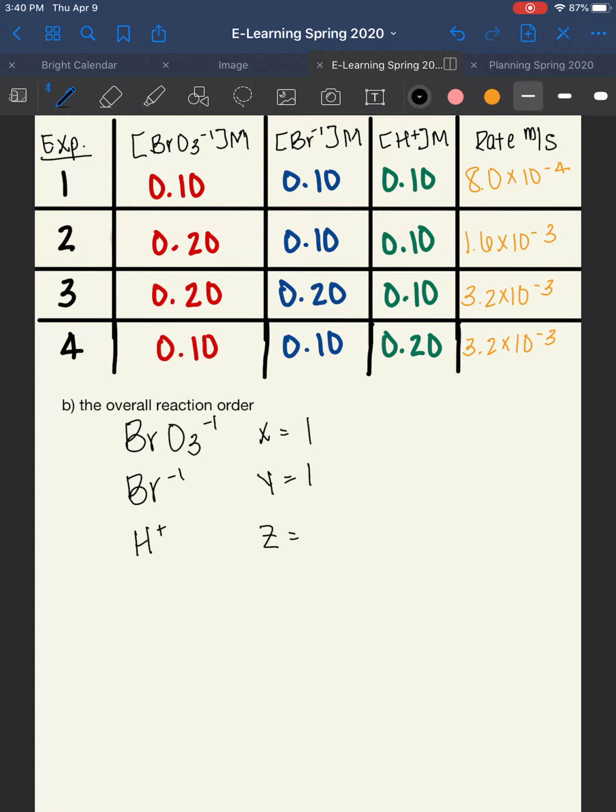And finally, H plus, that exponent is equal to 2. So the overall reaction order is 1 plus 1 plus 2, which equals fourth order overall. To find your overall reaction order, you add up the individual orders for each of your reactants. So for this reaction, it is a fourth order reaction overall.